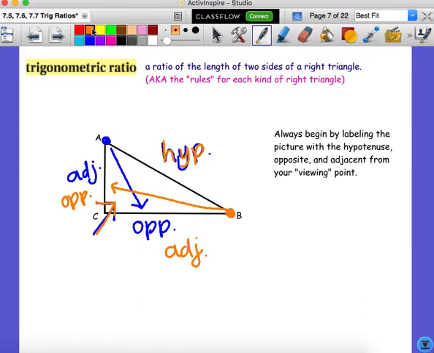Last but not least, if we try to look from C, our opposite and our hypotenuse are in the same location. So because of that, we will never set up a trig ratio from the 90-degree angle. We're always going to be looking from one of the two acute angles that we have, either here or here.